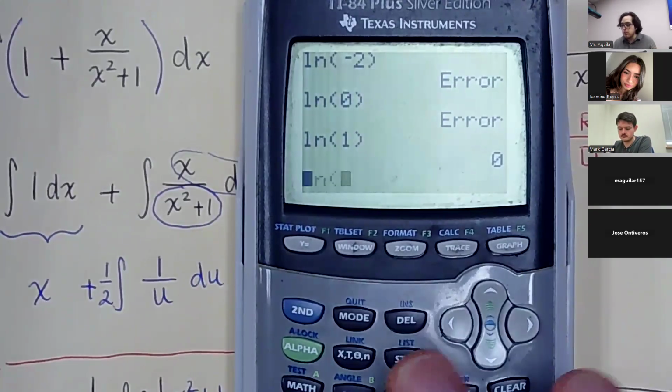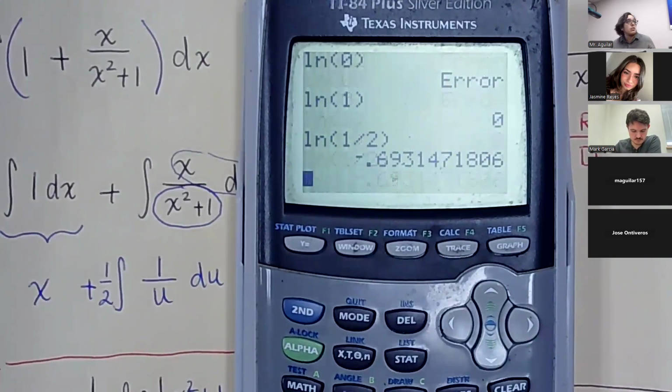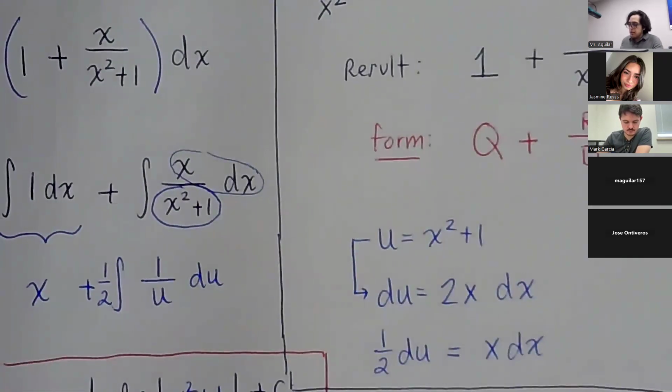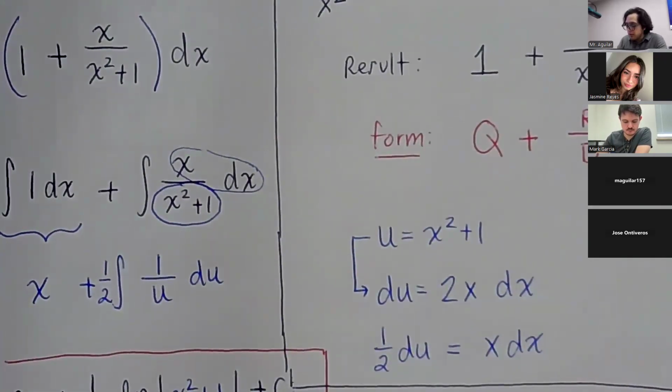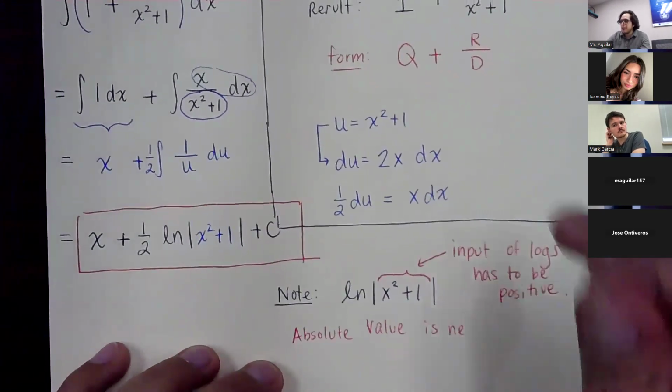And you can also put the natural log of a fraction. You could put like 1 over 2, and that doesn't cause any errors, okay? So we're using the absolute value here, and it's necessary, and you guys can't see what I'm writing. Let's see.